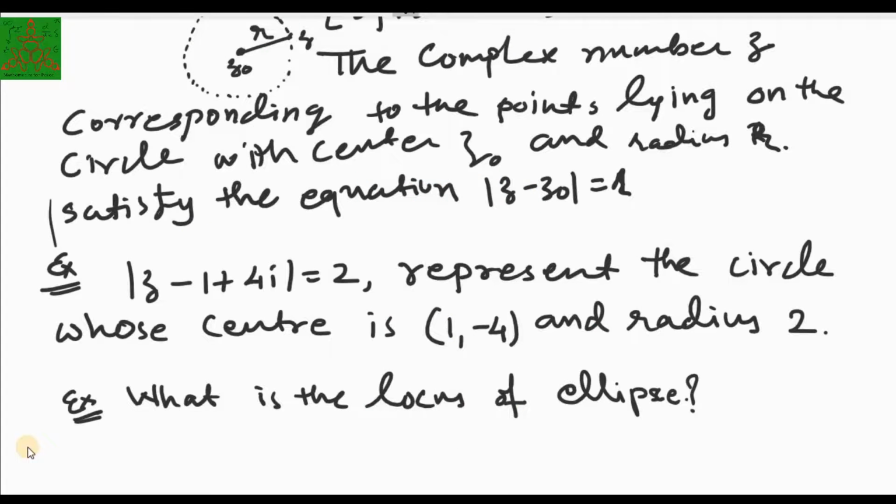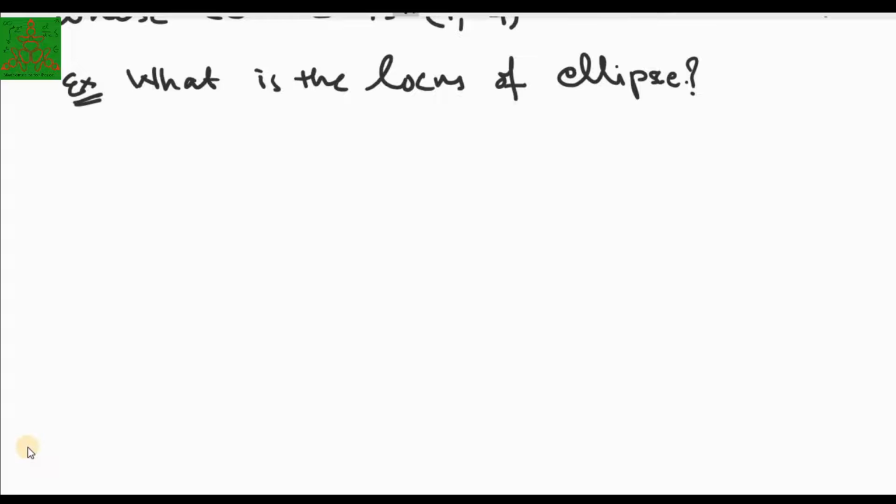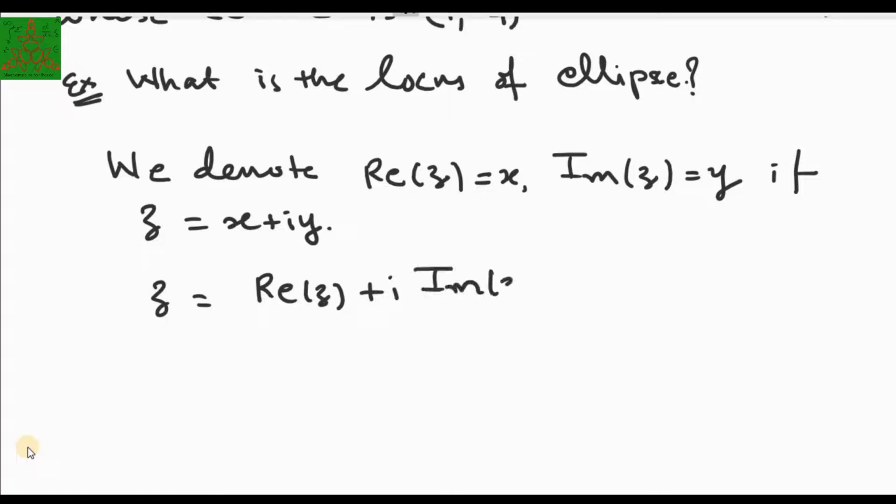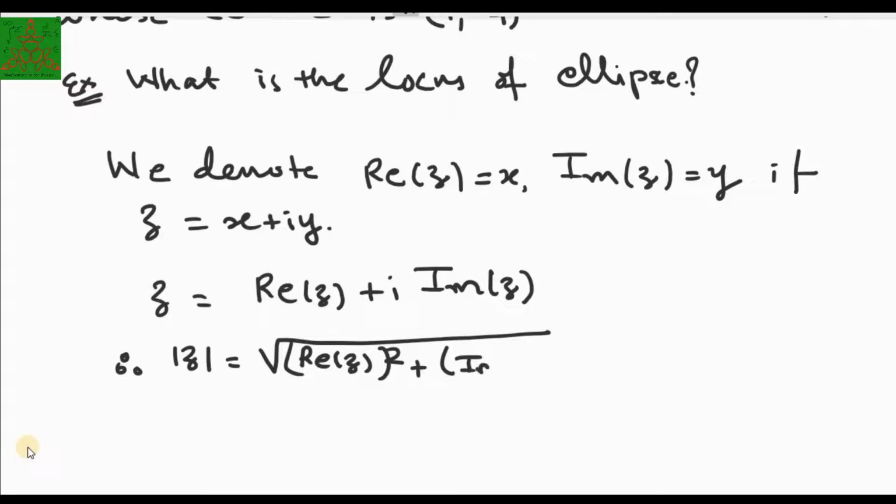Now the next thing that we are discussing is, we denote the real part of z as x and the imaginary part of z as y if z is equal to x plus iy. So z we can write as the real part of z plus i times the imaginary part of it. So if we have this, then mod of z we can write as the square root of the real part of z squared plus the imaginary part of z squared.